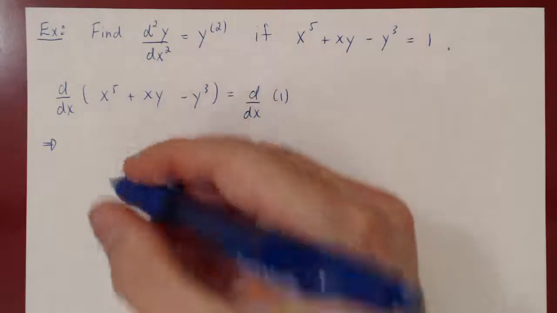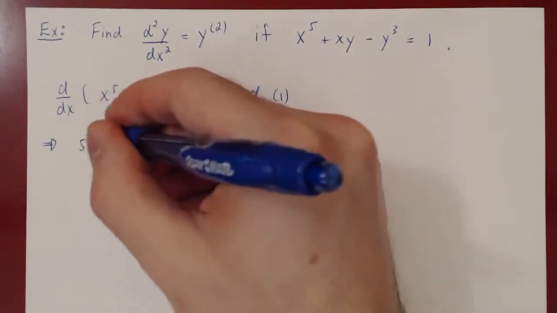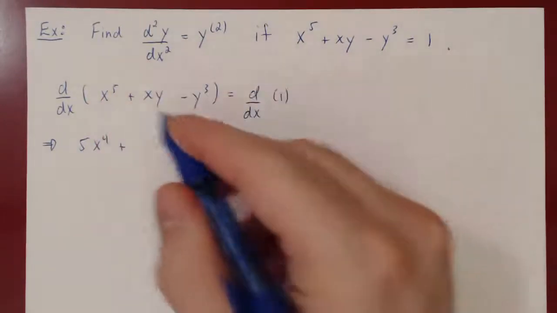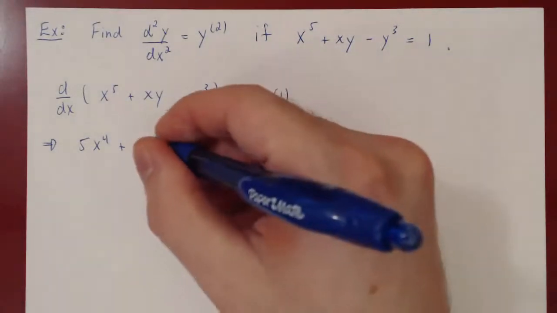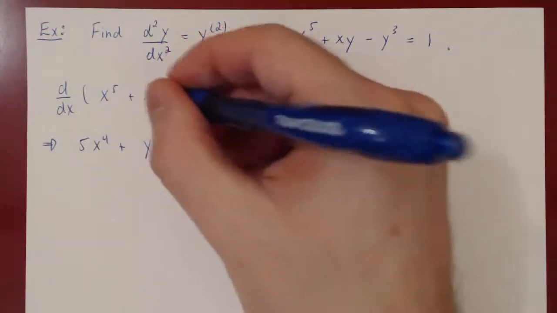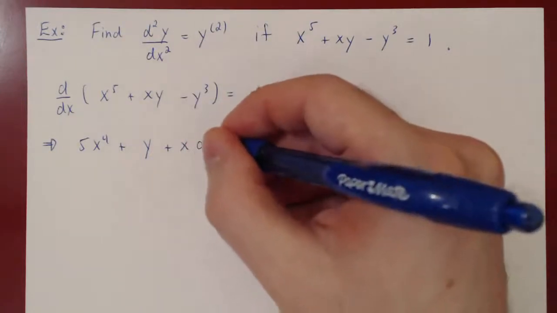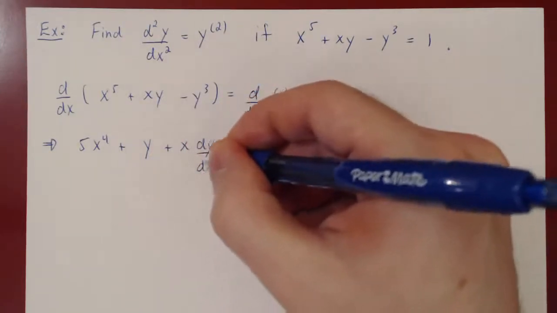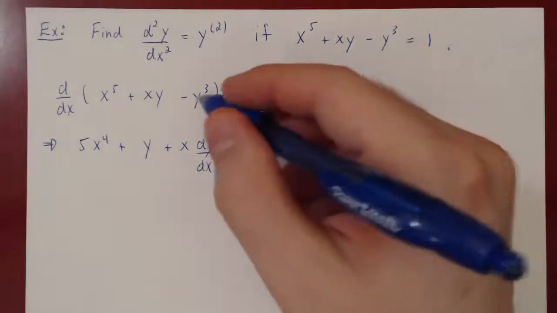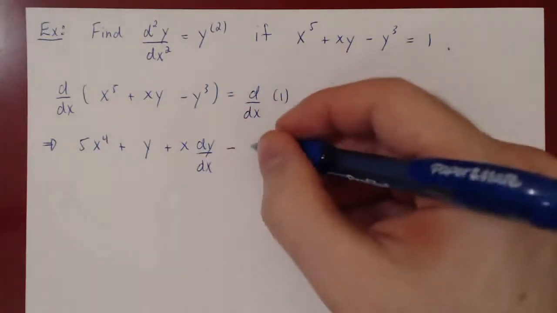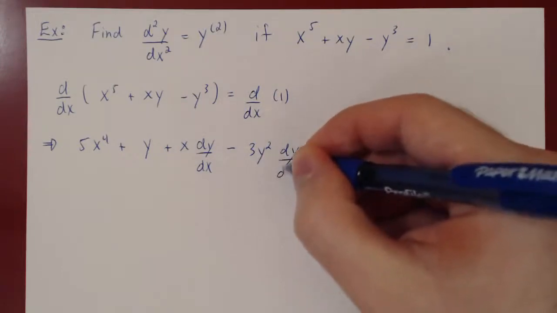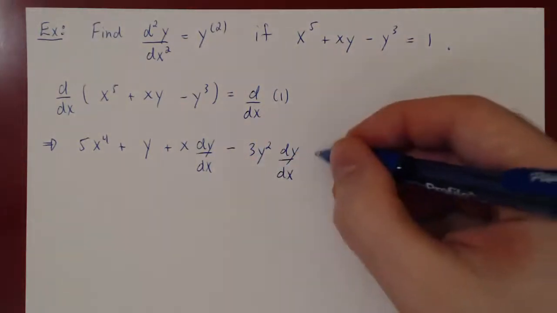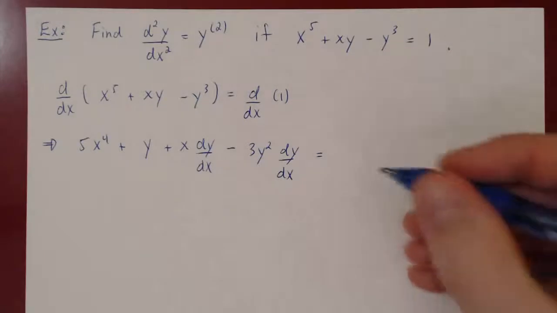The derivative of x to the 5 is 5x to the 4 plus, here we have a product, so we use the product rule. Derivative of x is 1 times y plus x times the derivative of y, which is dy over dx, minus the derivative of y cubed by the chain rule is 3y squared times dy over dx. And that's equal to the derivative of 1, which is simply 0.